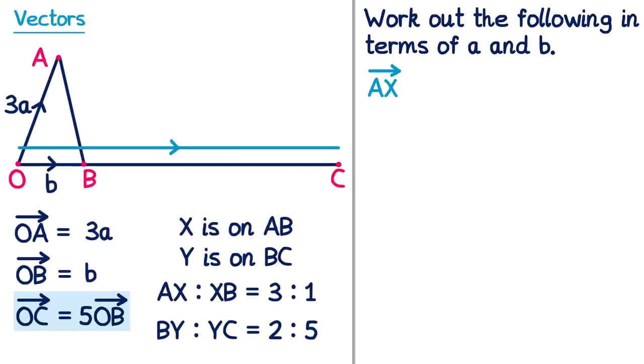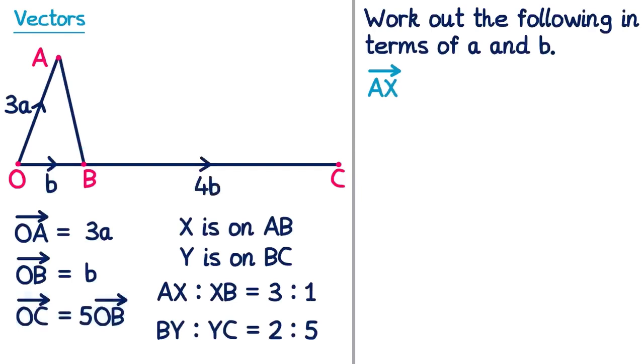That must be 5 times as long as the vector from O to B. And you can see O to B in the diagram, that's just B. So the whole length from O to C must be 5 lots of B, or 5B. It is then quite easy to see that B to C must be 4B, since the total length of the line is 5B, and OB is 1B, BC must be 4B. So we put a 4B here.